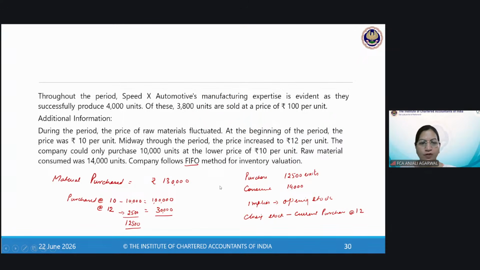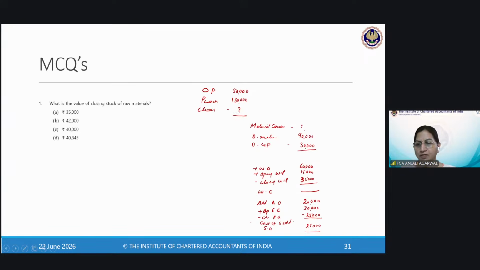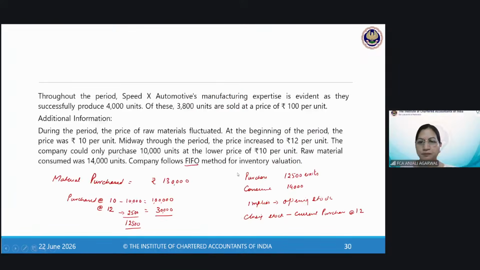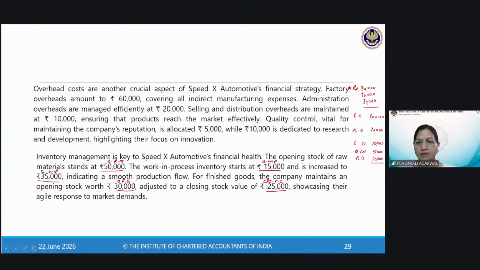Company follows FIFO for inventory valuation, that is mentioned here. Throughout the period, they are producing 4,000 units, out of which 3,800 units were sold at 100 rupee each. So your sales value is 3,80,000, right? And closing stock is valued at 25,000.